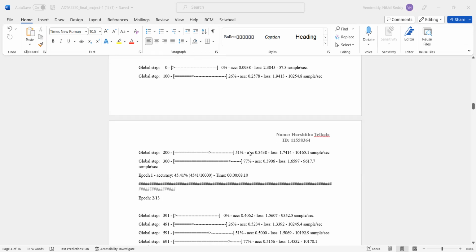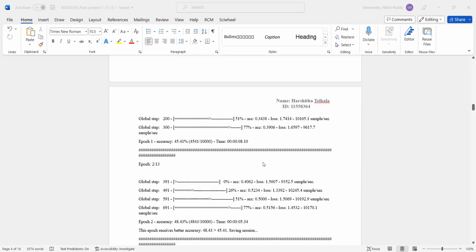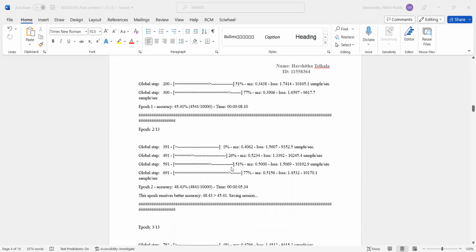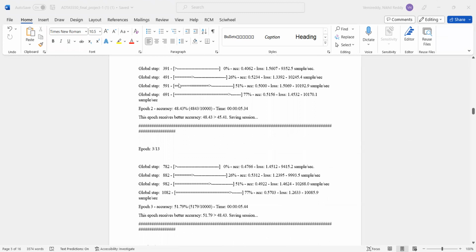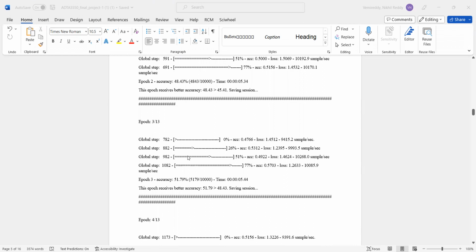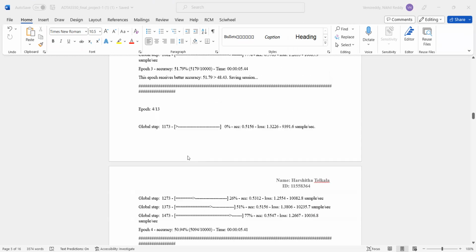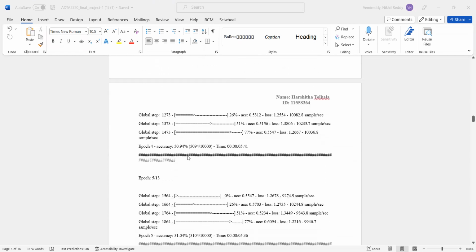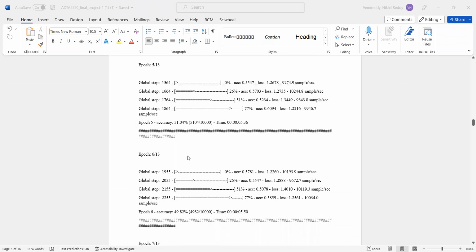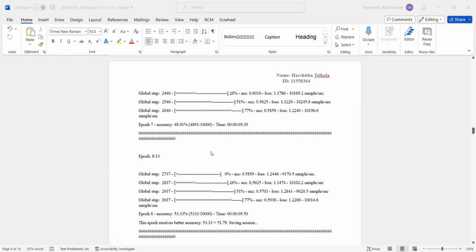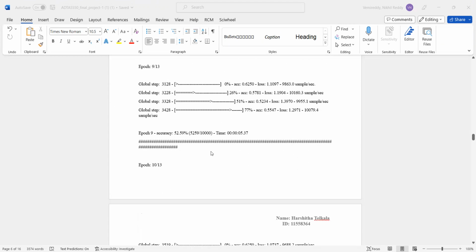Like for 200 we can see the accuracy and loss, for 300 we can see accuracy and loss, and so for every epoch we can see the accuracy and loss. There are 13 epochs. Here we can see for epoch 5 the accuracy and the time, and it continues until the 13 epochs.